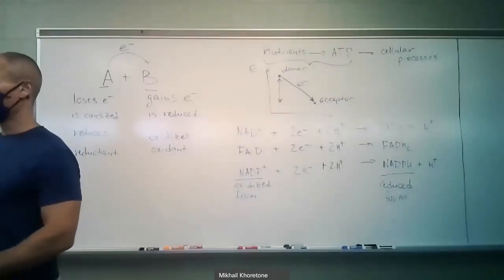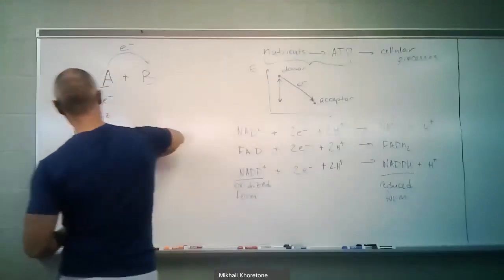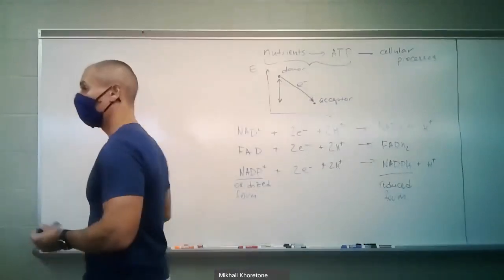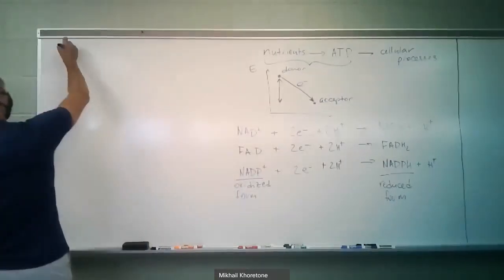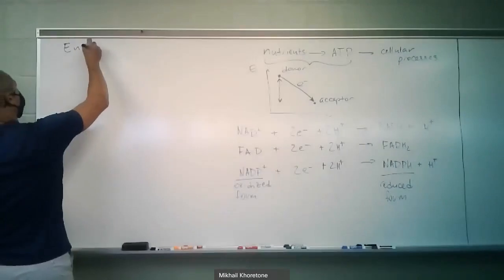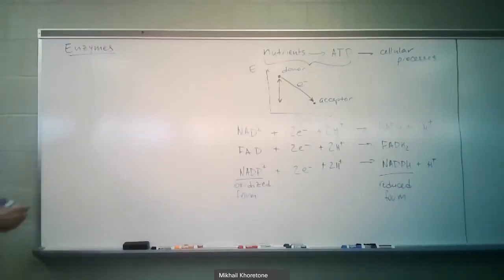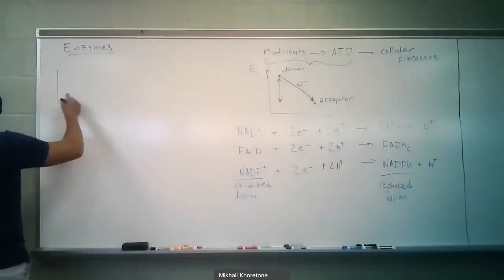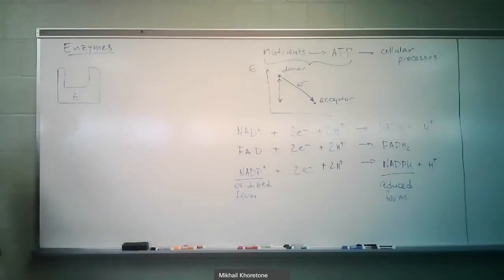Now we're going to quickly glance over the concept of the enzymes, without which the metabolism in the cell is impossible. So enzymes. This is how an enzymatic reaction can look like. This is the enzyme, okay?